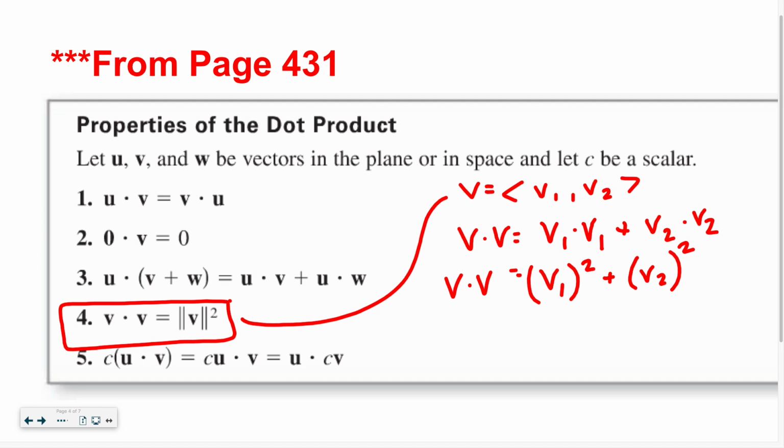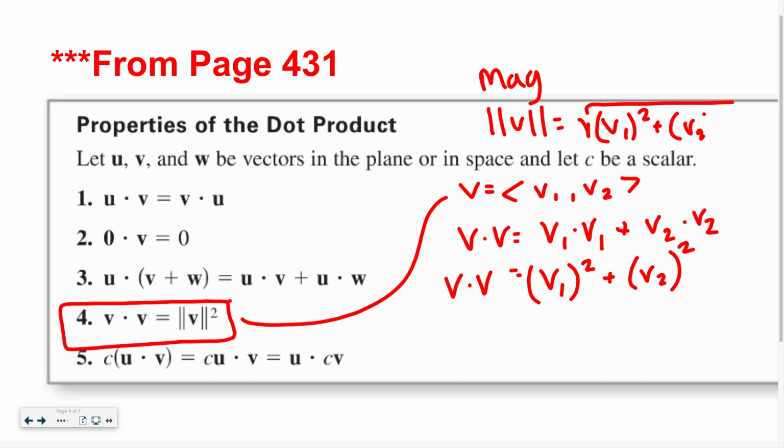It's similar to the magnitude of a vector. If we did the magnitude of vector v, we have the square root of v sub 1 squared plus v sub 2 squared. So we're seeing that squared piece, but notice the square root isn't there. It's like we squared both sides.